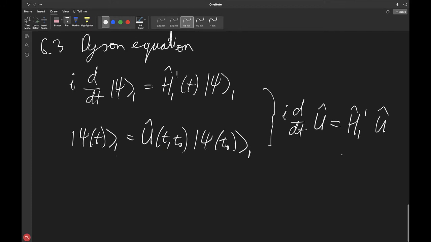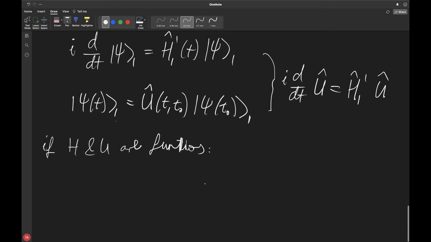So this would be easy to solve if these were not matrices. So if H and U are functions, then it's super easy to solve it.